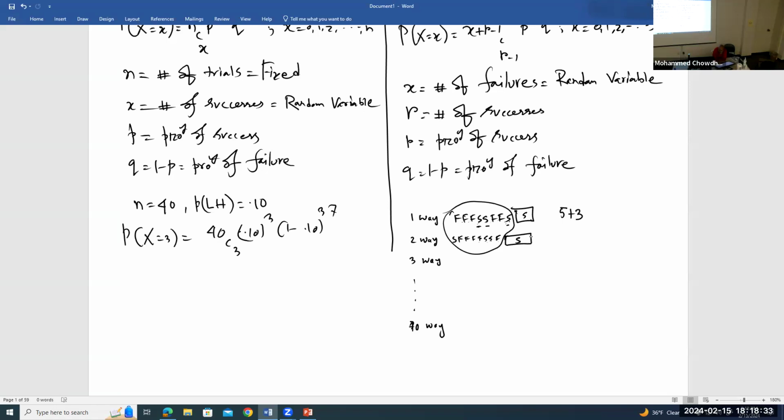So the number of failures is 5, and successes 4. So X plus R minus 1. This is X, this is R. Minus 1 what? Minus 1 for that last one, because binomial is running on these 8. So 5 plus 4 equals 9, 9 minus 1 equals 8.